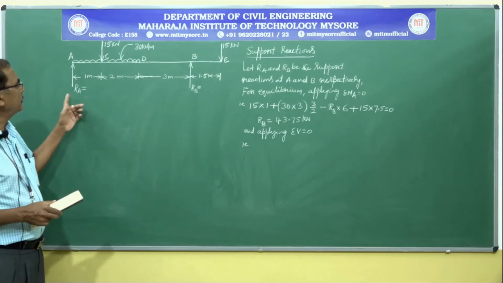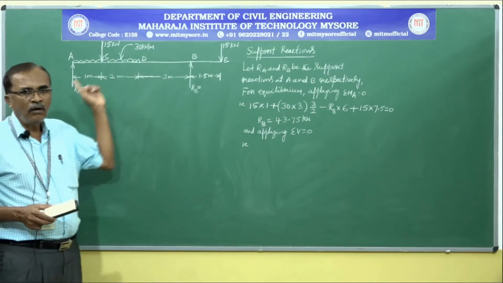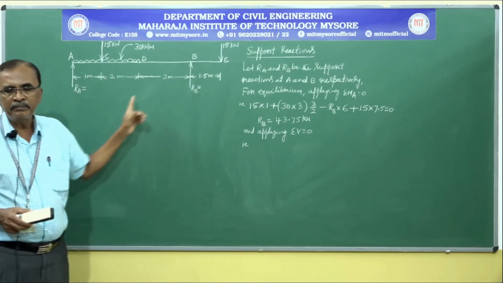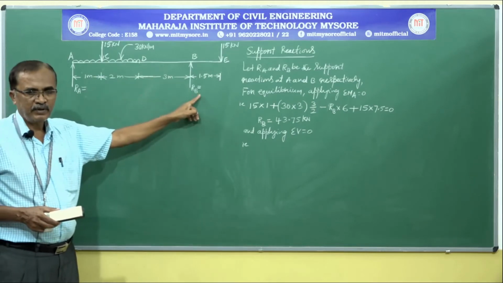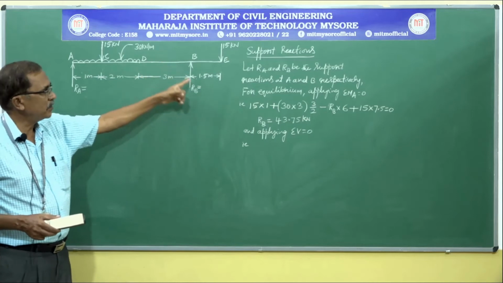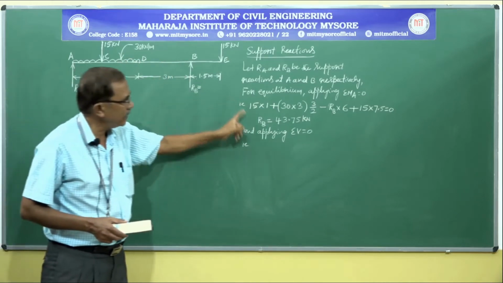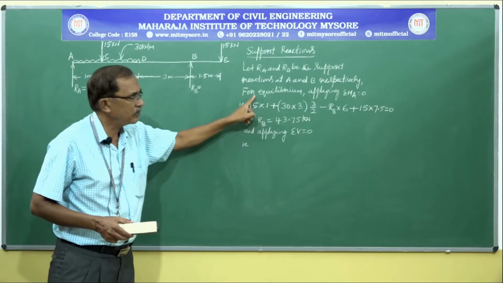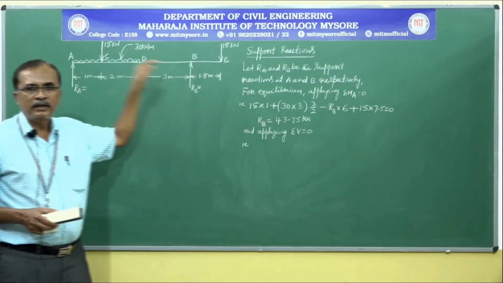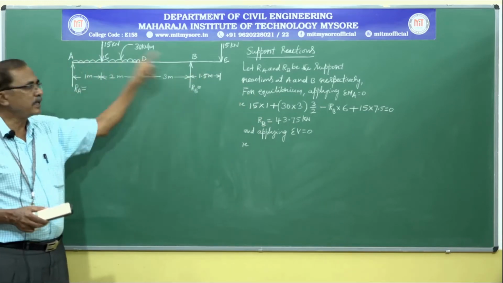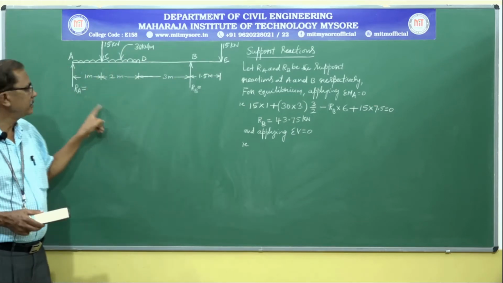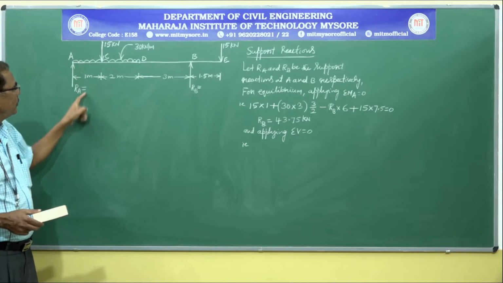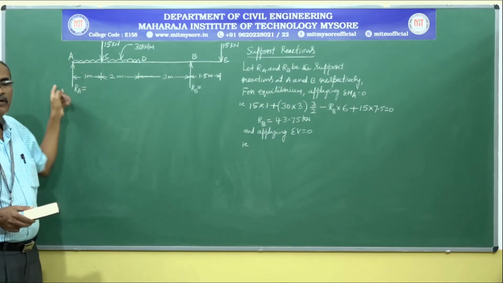Here we consider all the loads acting on the beam, including support reaction. In the previous step, while calculating RB with the moment equilibrium condition, there also we considered all the loads acting on the beam, including support reactions, and the force or load which will not create moment is not considered.